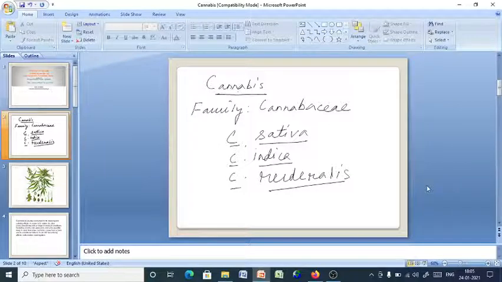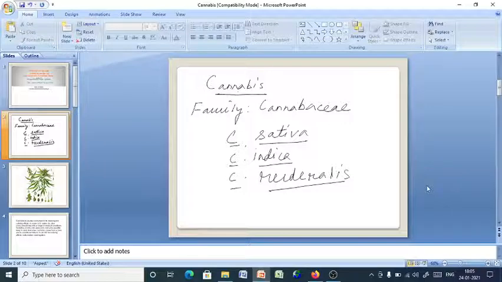First one, Cannabis sativa, Cannabis indica, and Cannabis ruderalis. Among this, I want to arrange them depending on their size. Cannabis sativa, the biggest one, Cannabis indica, intermediate one, and Cannabis ruderalis, the smallest one.